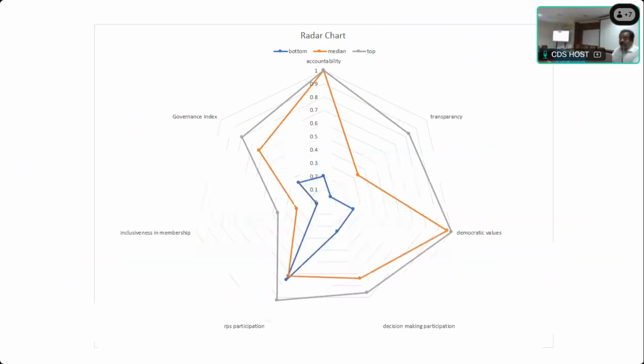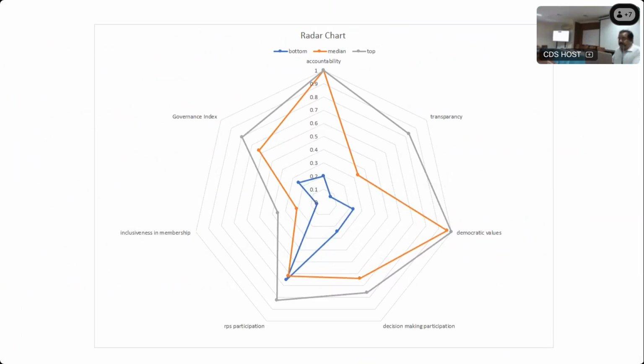Once we do this, we build what we call a governance index. It is basically equally weighted, taking different indicators for each of the dimensions and giving equal weights, and then mapping it, and this is what it looks like.